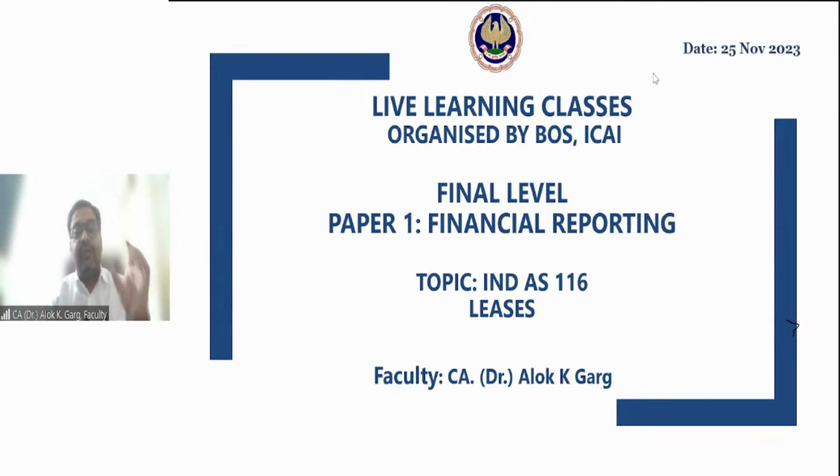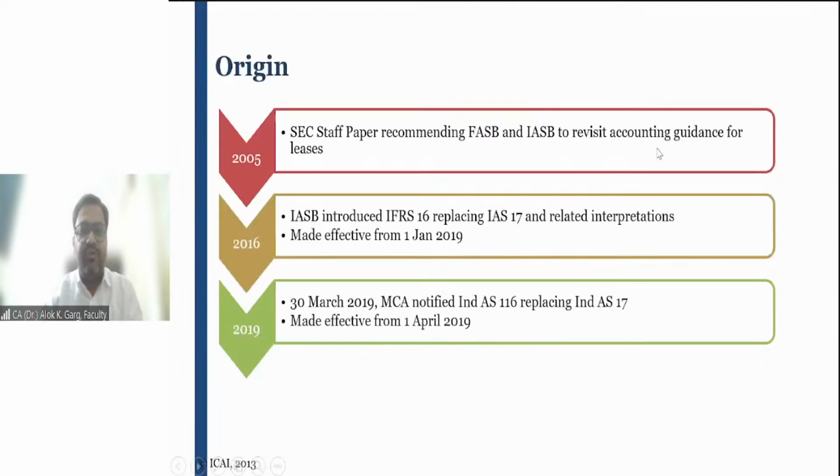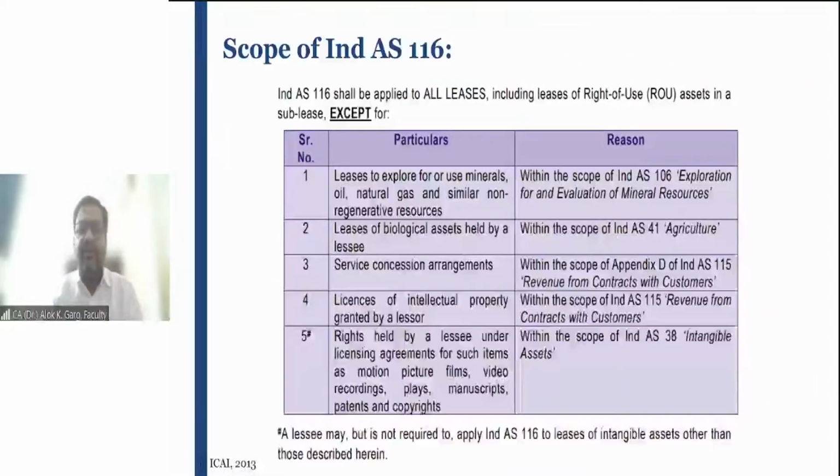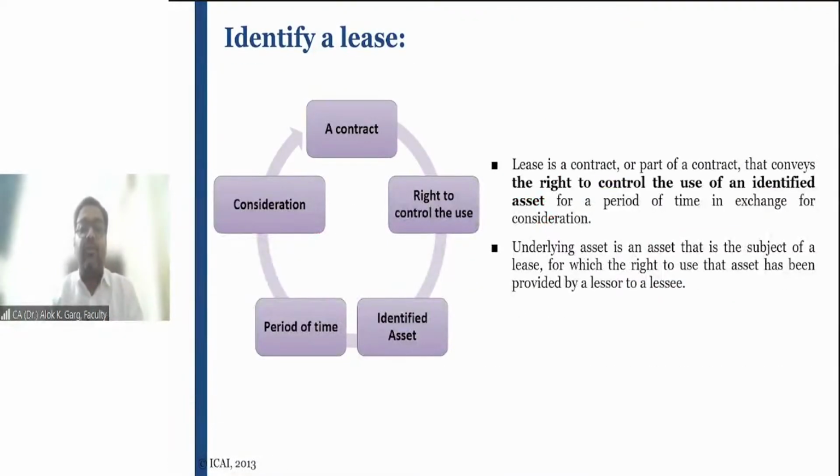So we heard two new terms, right to control the use. In the earlier standard, the concept was right to use. In this standard, the concept is right to control the use of an identified asset.